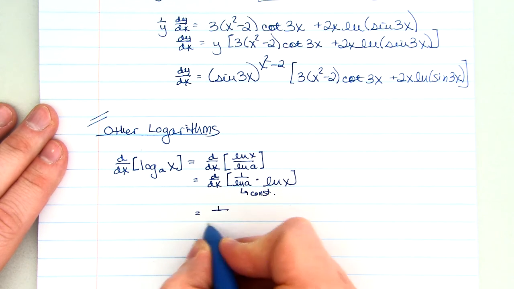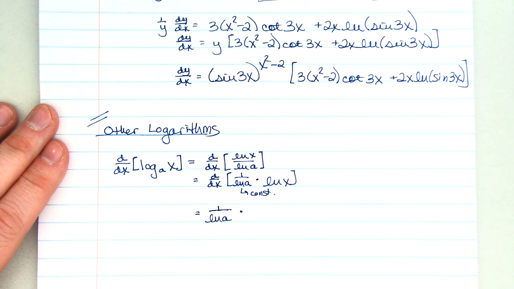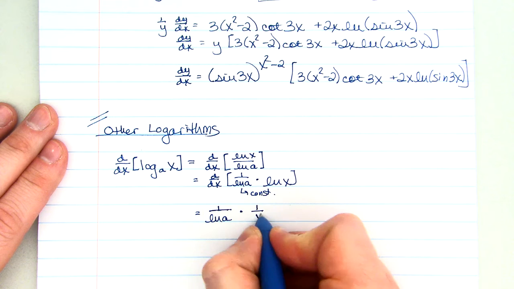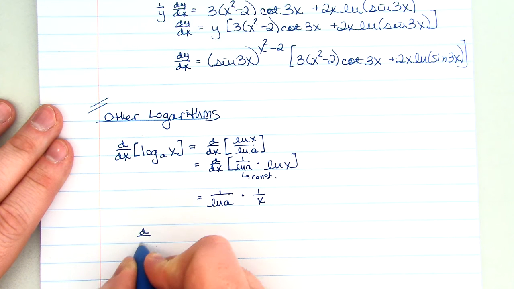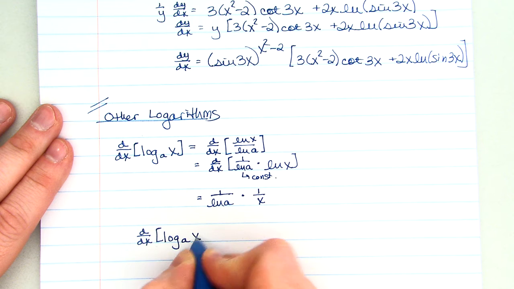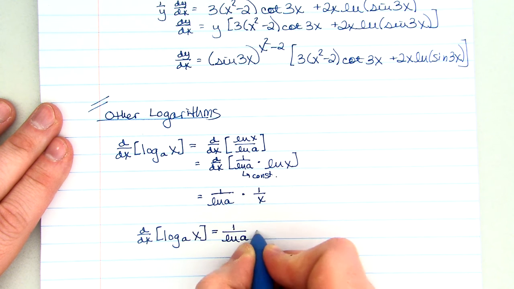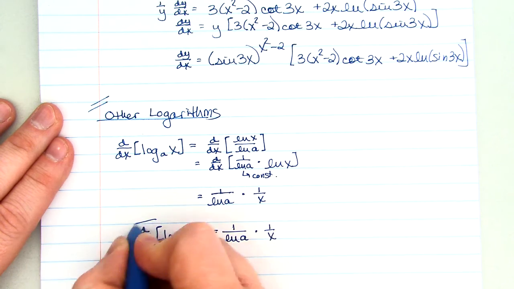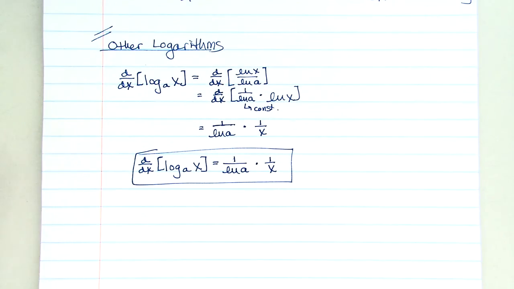Well, my constant multiplier rule says this is 1 over the natural log of a times the derivative of the natural log of x, which is 1 over x. The point of all of this is I now have a formula that says the derivative of log base a of x equals 1 over the natural log of a times 1 over x. This is my formula that I can use to find the derivative of log base 2 of x, log base 5 of x, log base 17 of x.